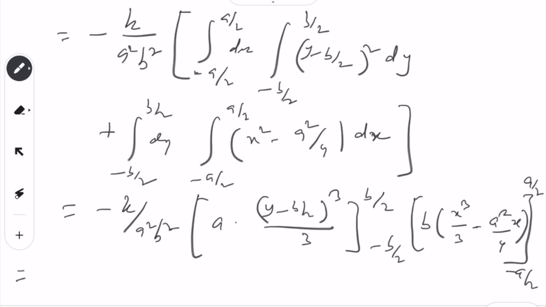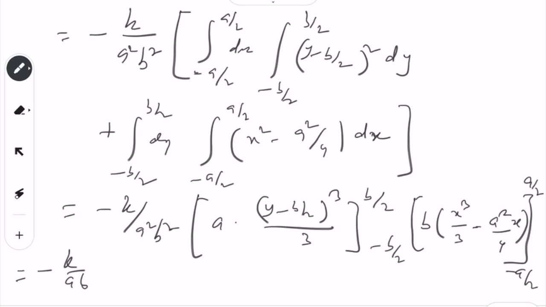So we have now a here, b here, a square b square, so we will get minus k over ab simply. And then we have something else, so minus k over ab.